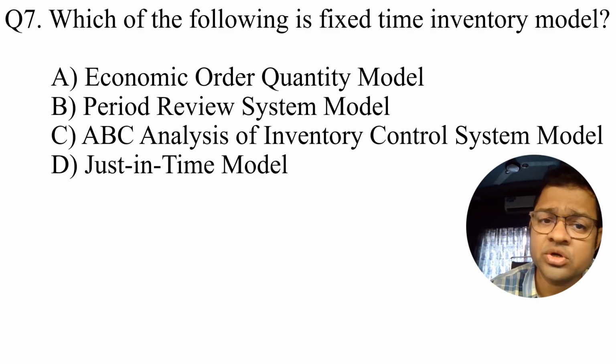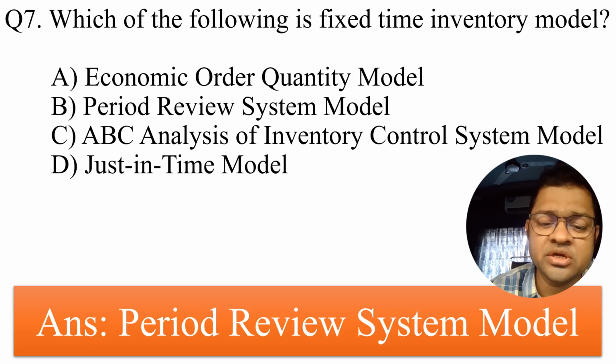Because in an inventory control system, entrepreneurs or managers always consider whether they go for target inventory systems or for a definite time period to check whether the target inventory is maintained or not. Here the question is fixed time period, so your answer is the periodic review system model. That should be your answer.